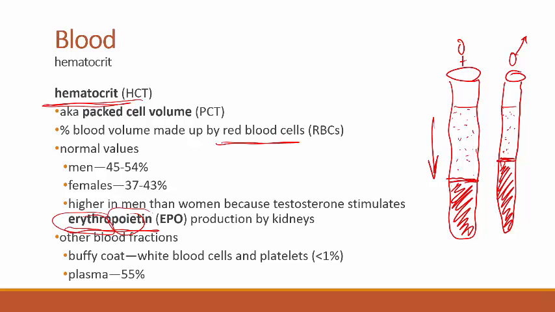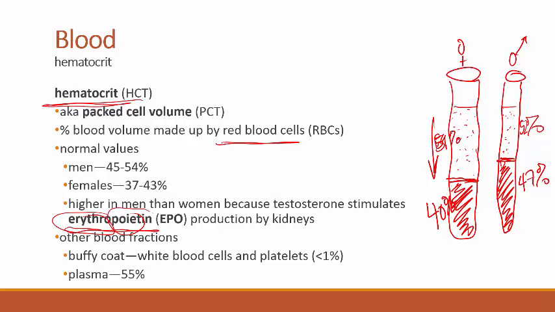So here we have a man with, let's say, 47 or so percent hematocrit, and a woman with 40%. And so if the buffy coat is making up about 1%, then this would leave 52% of it being plasma. If we're looking at women, 59%, give or take.